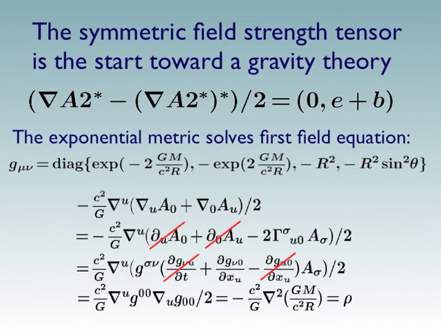But I can now represent a symmetric field tensor this way, and it's kind of the first steps towards a gravity theory. So again, I do the subtraction step, and so there's no gauge. It's invariant under gauge transformation. And what I have shown is that if you take what I call the exponential metric, which is also known in the literature as the Rosen metric, it actually solves the first field equations, which I call general Gauss's equation, which is written right there.